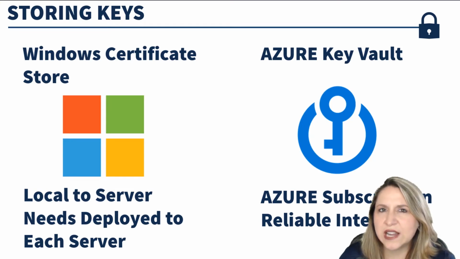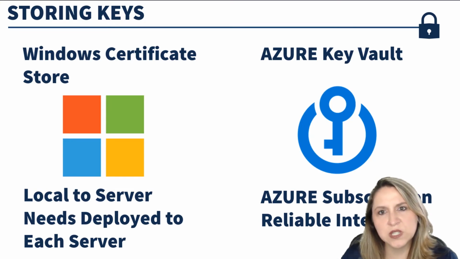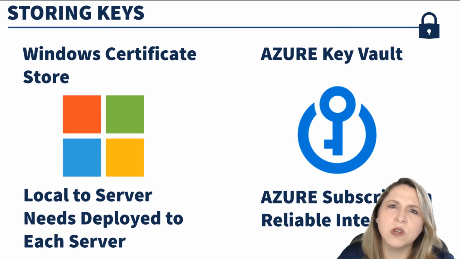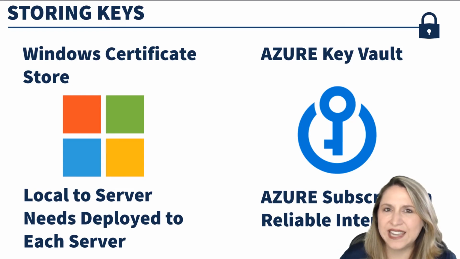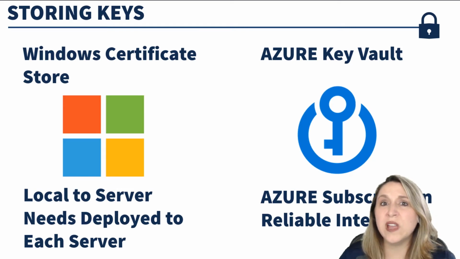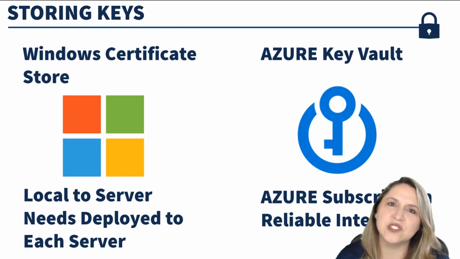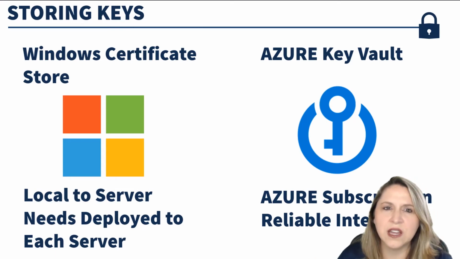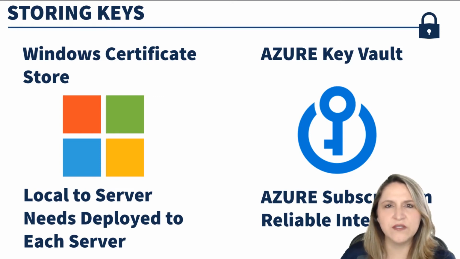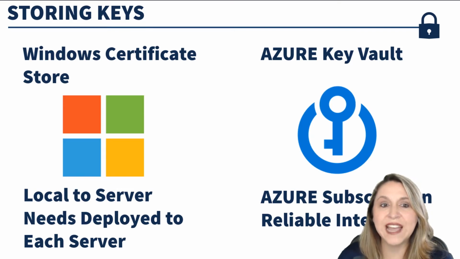Very, very simple, and you can set it up as part of the process when we walk through the wizard. But it does require reliable internet in order to encrypt and decrypt and get those keys. So if the internet is down, you're not getting to your data because it can't decipher it and give you the unencrypted values. So that's something important. Nowadays, all of us are living in the cloud. Internet is usually not a downfall for us.